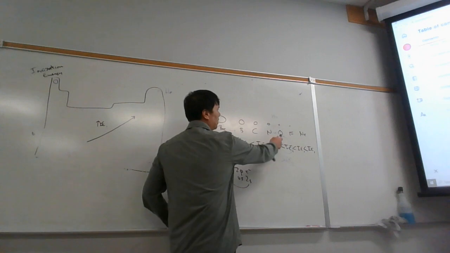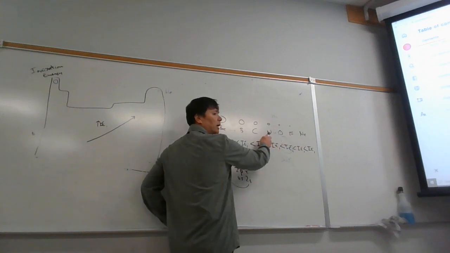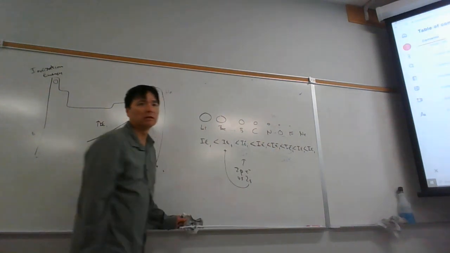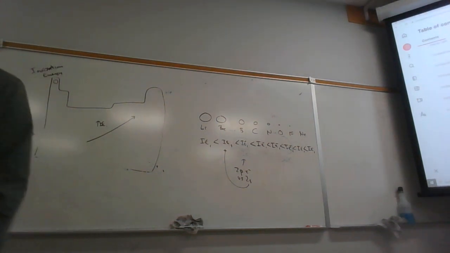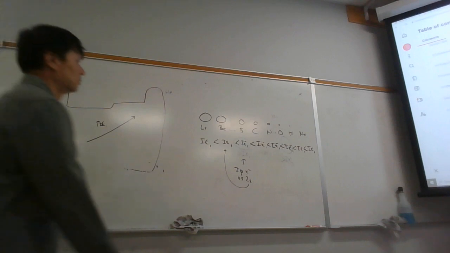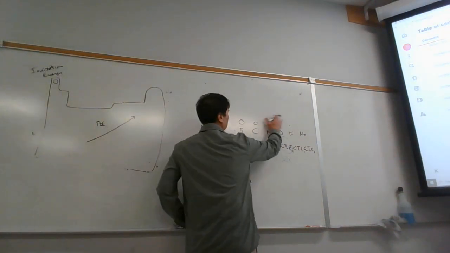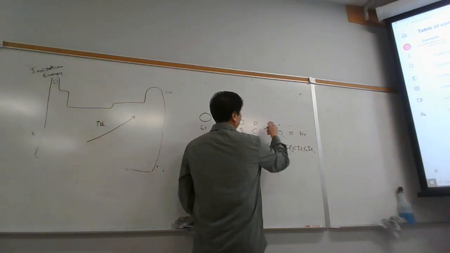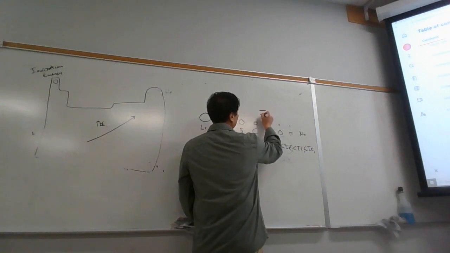So oxygen's smaller, but why should it be easier to ionize than the bigger nitrogen? Is it because nitrogen has a half-filled shell or half-filled p? Yeah, nitrogen has a half-filled p.